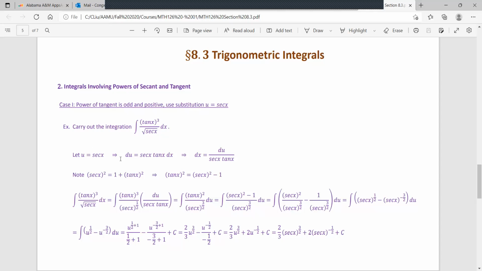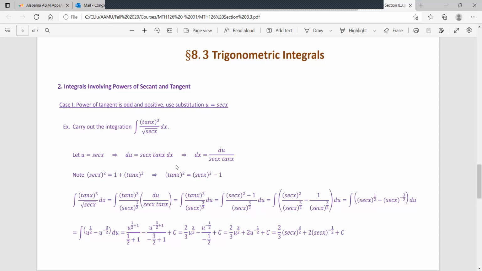You do the differential for u. So what you do, just take the derivative of secant x times dx. And that will be secant x tangent x dx if you check the table for differentiation. So if you divide by secant x tangent x on both sides, you get dx equals du over secant x tangent x.